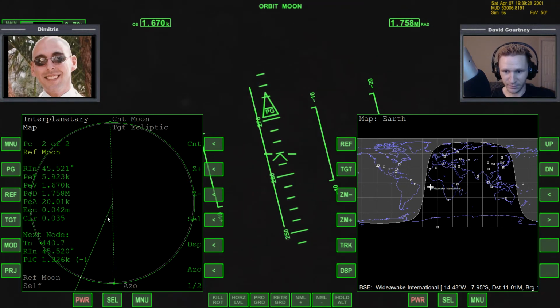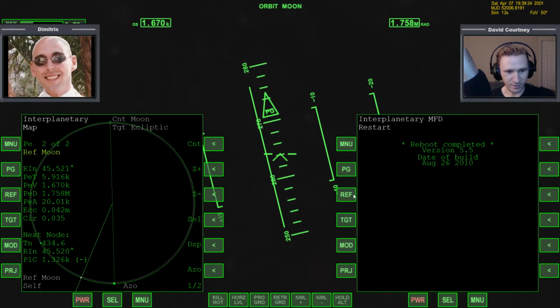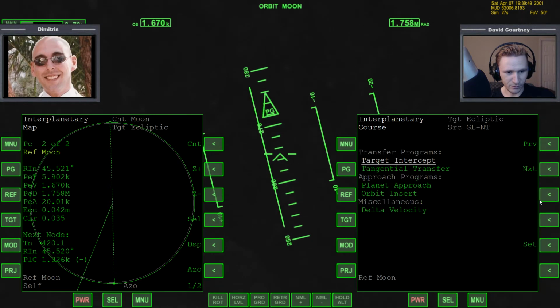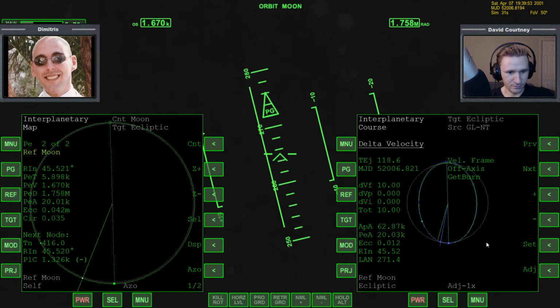So on the right side, we want to bring up Interplanetary MFD. Do we need to share it with the left side, or is it the other way around? Didn't we already have the burn set up when we made the quick save? Yeah. Okay, good, course and delta velocity.